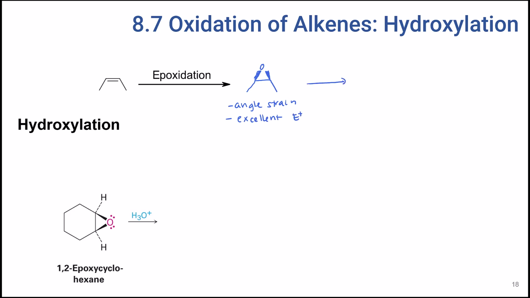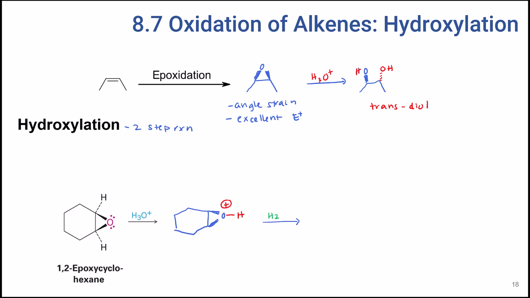So if I add something like H3O+, which is the same as adding acid and water, that water can do a nucleophilic attack and then open up the epoxide to give us a trans diol. So hydroxylation is a 2-step reaction. This involves first protonation of the epoxide, and that comes from the acid part in the acid and water.